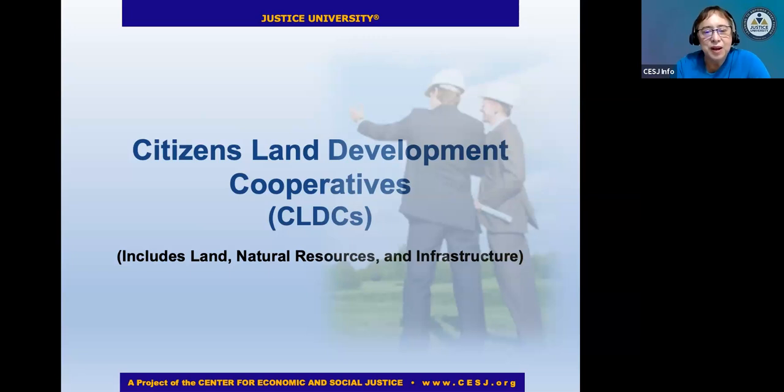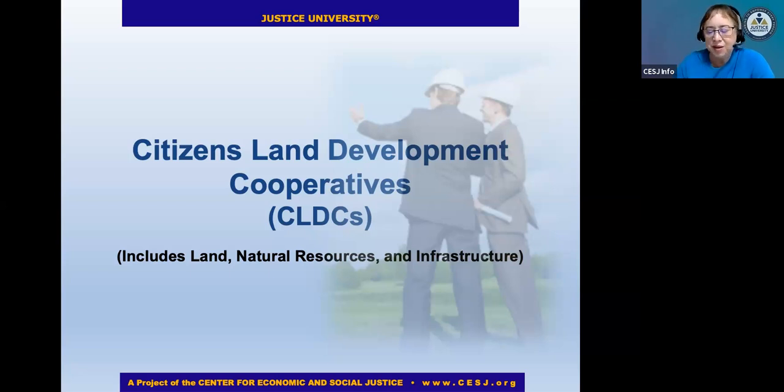The other mechanism is the Citizens Land Development Cooperative, which we now have passed in Missouri, and Jean Gordon is working to get that established and implemented starting in St. Louis. But the CLDC could be the owner of land, primarily infrastructure and natural resources, but primarily land and infrastructure. And this uses a similar idea of private ownership, joint private ownership, but in this case, we're talking about equal ownership by each person.